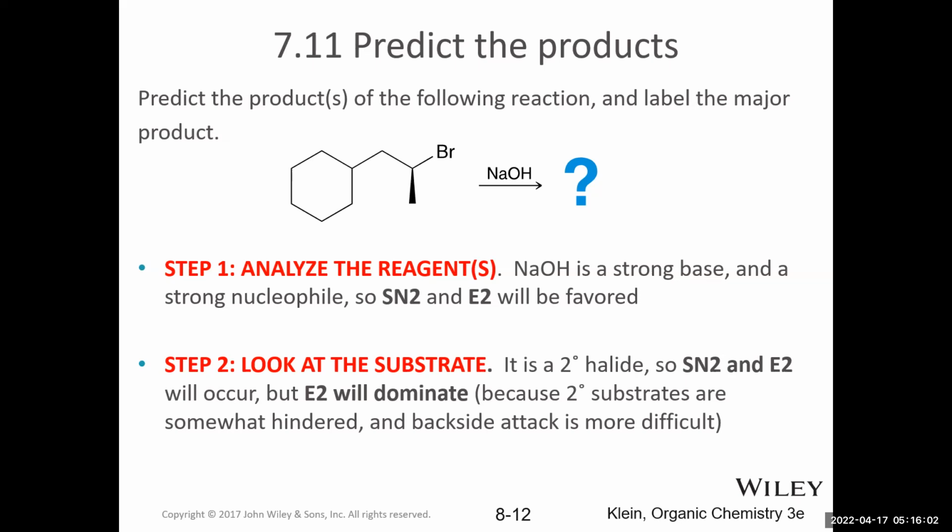So E2 and SN2 reactions will be favored. Then we'll look at the substrate. It is a secondary alkyl halide. So both SN2 and E2 will occur with secondary substrates, but E2 will dominate because the secondary substrate is still somewhat hindered for backside attack.